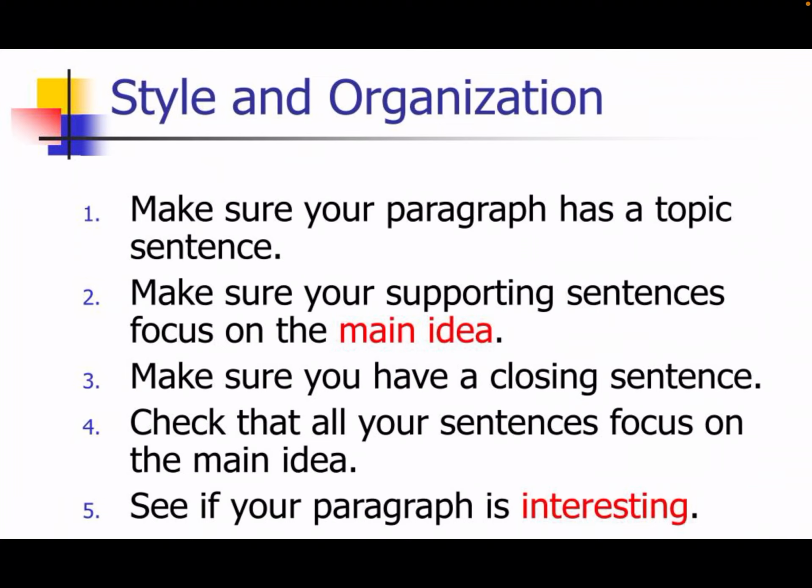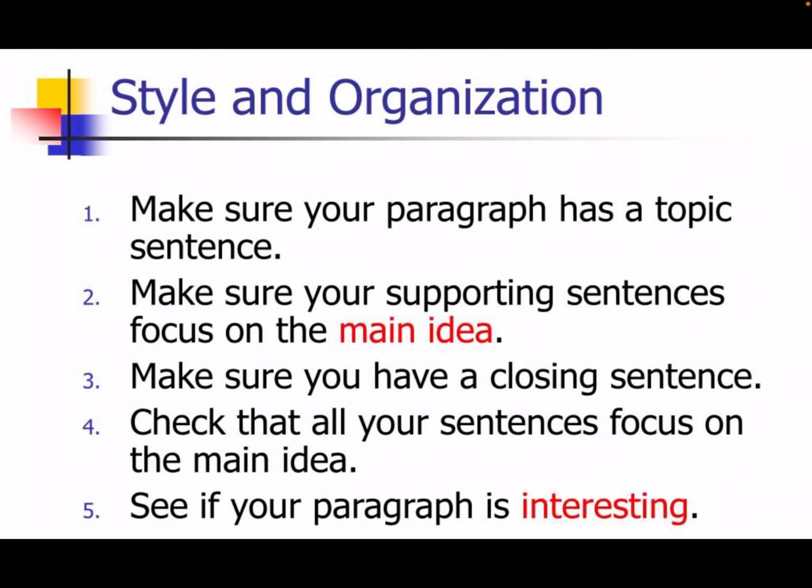Now, to organize our paragraph, make sure your paragraph has a topic. Like I said, I'm repeating. Make sure your supporting sentences focus on the main idea. So the first sentence is our topic, and after that we have supporting sentences that focus on the first sentence, which is our main idea.